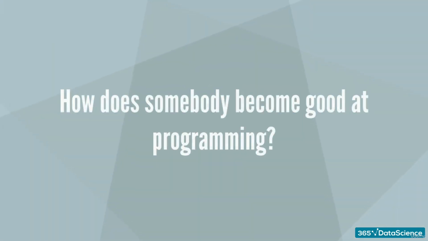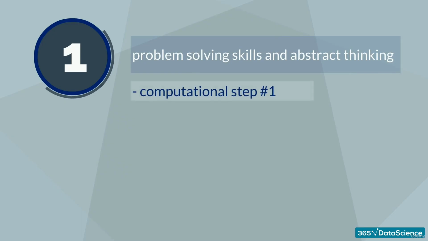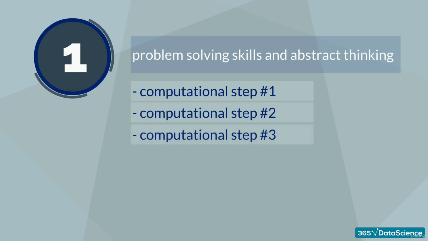Right. But how does somebody become good at programming? First, programming requires problem-solving skills and involves abstract thinking. You are supposed to understand your task perfectly and then break it down into a sequence of instructions or smaller computational steps that the computer can execute.